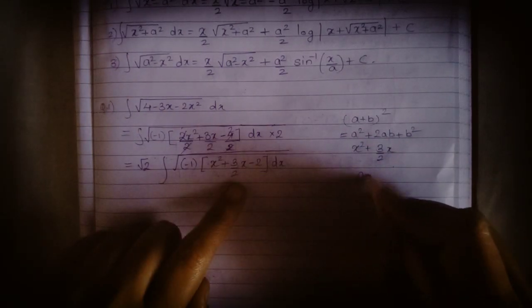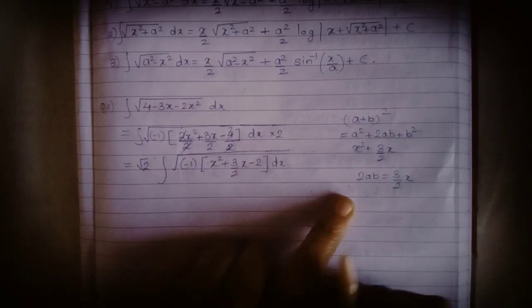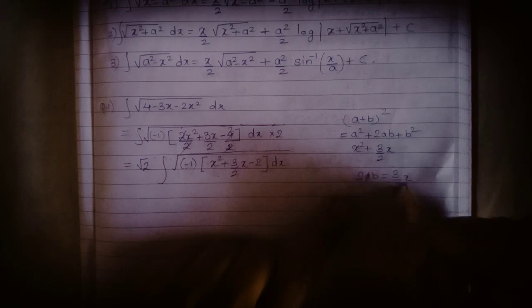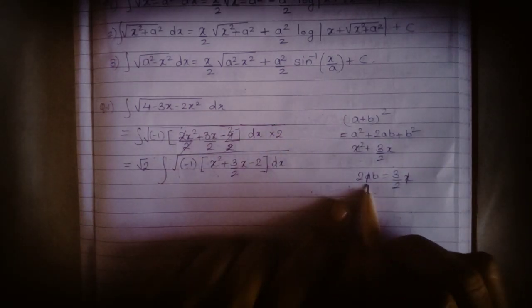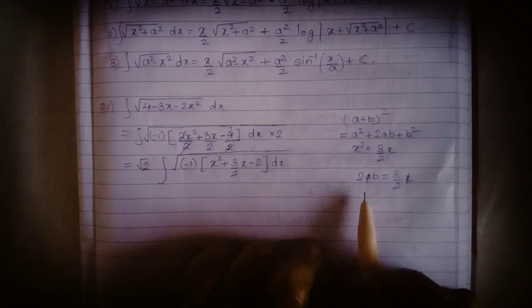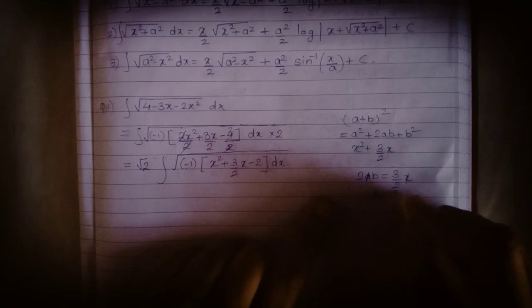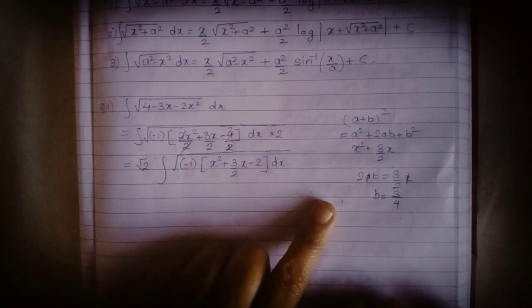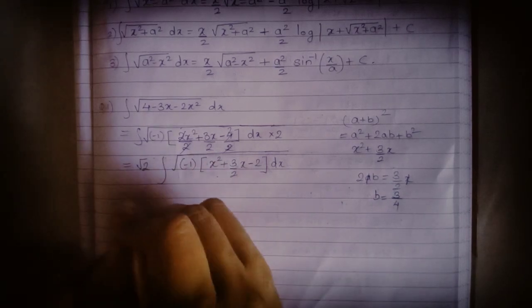Now we have to find our b value. So I can compare this, 2ab equal to 3 by 2x. We know that a is our x, because a square we have written as x square. Now 2 we can take here, so we get b as 3 by 4. So this term you have to write as b square here.